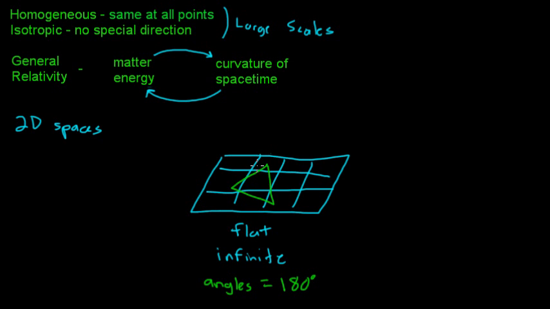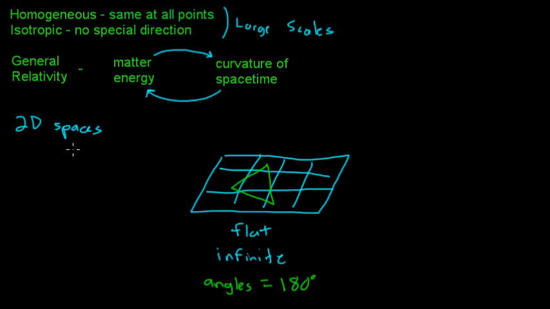This is a rule that we've probably all learned in school and hopefully familiar to most. It still applies in this case. And we notice that this space, if it's infinite in extent, is homogeneous. There's no special points on here, and it's isotropic. There's no special directions.